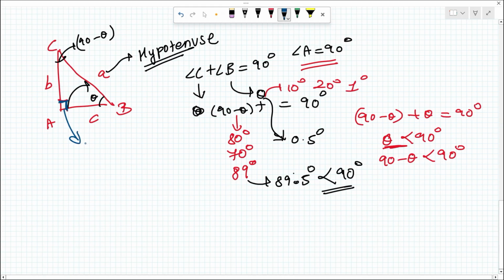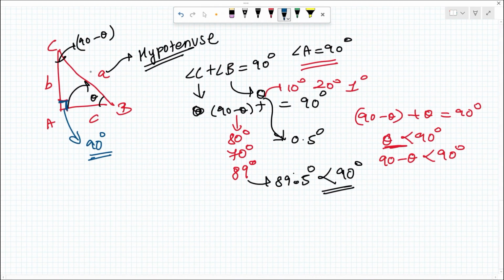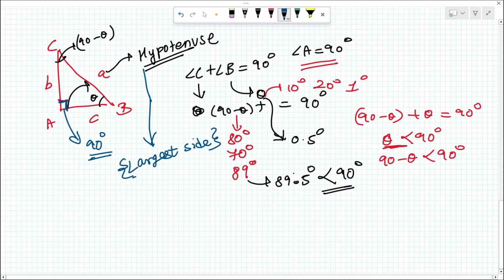And as we have already discussed, the side opposite to the greatest angle should be the greatest side. So the hypotenuse is the largest side in a right angled triangle.